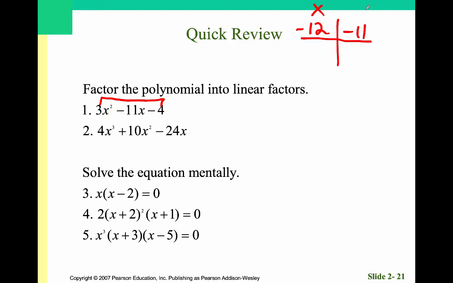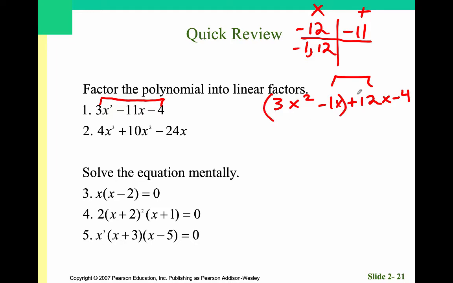Product of negative 12, sum of negative 11, which is negative 1 and positive 12. And then I split my negative 11 into negative 1x plus 12x. So all I've done is rearranged the negative 11 into negative 1 plus 12.